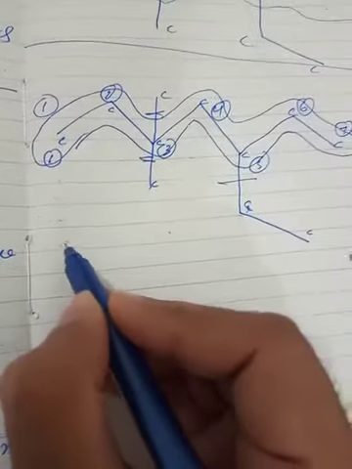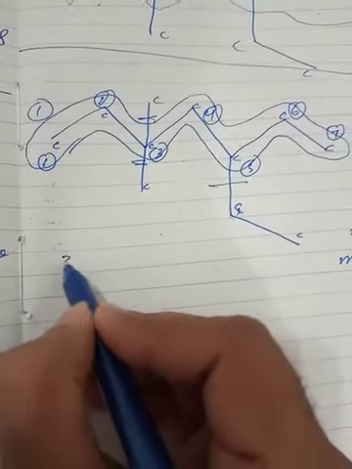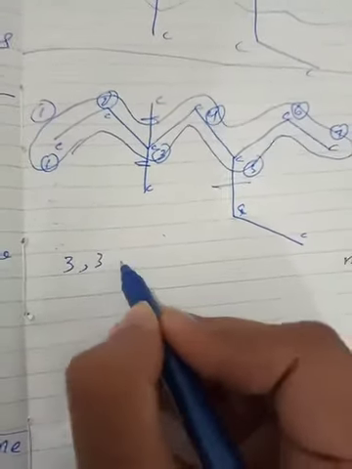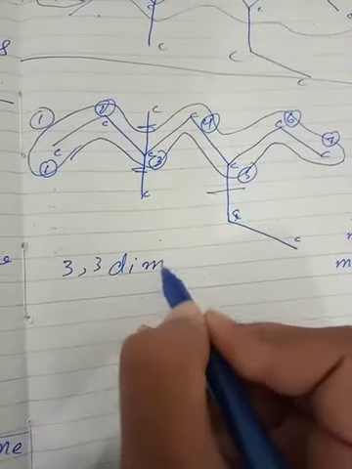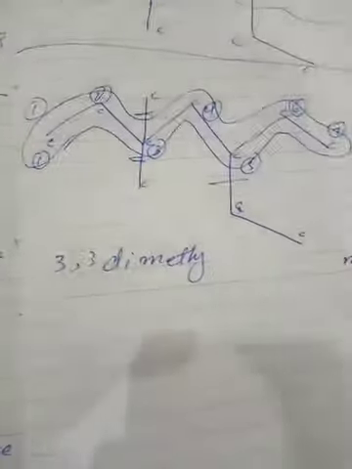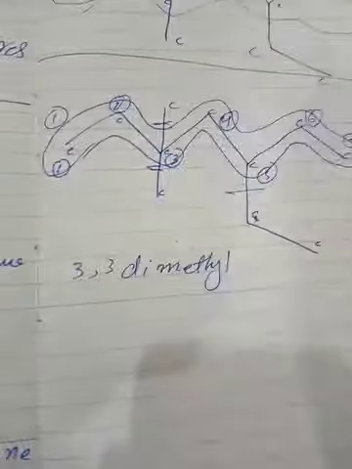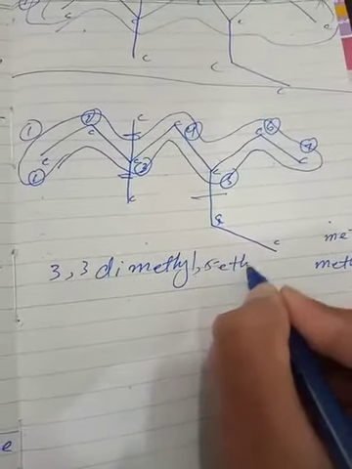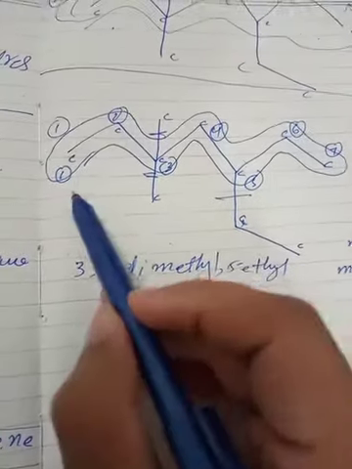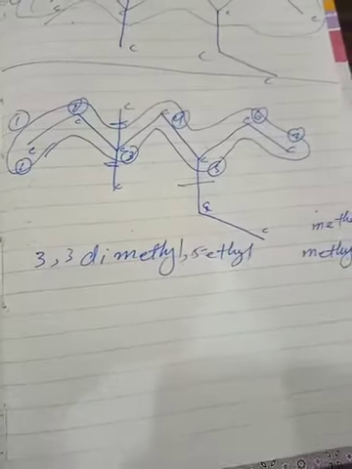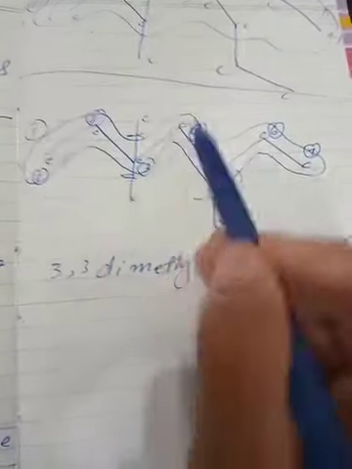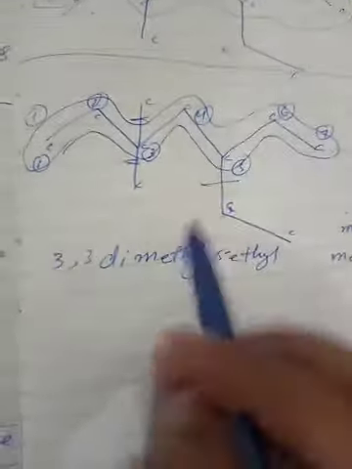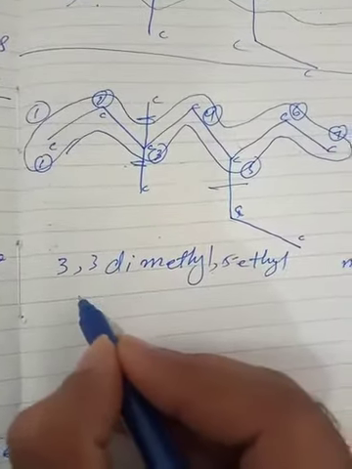So we are going to name this compound 3,3-dimethyl, as the number of methyl is 2, and 5-ethyl, and the total number of carbons, you have to count, is 7, and we know that 7 is heptane, and it is going to become the parent chain.